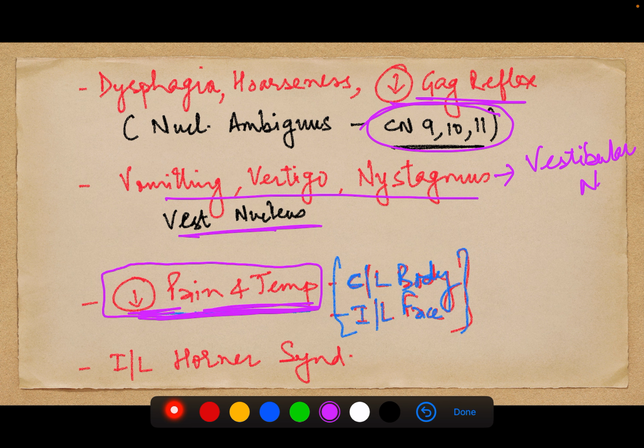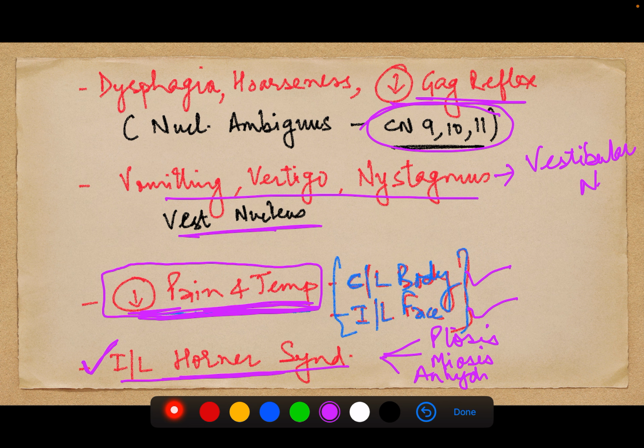So there will be loss of pain and temperature of the contralateral body and ipsilateral face. Some of the sympathetic fibers on the same side might get affected, which will result in Horner syndrome. Horner syndrome is ptosis, miosis, and anhidrosis of the same side, right?